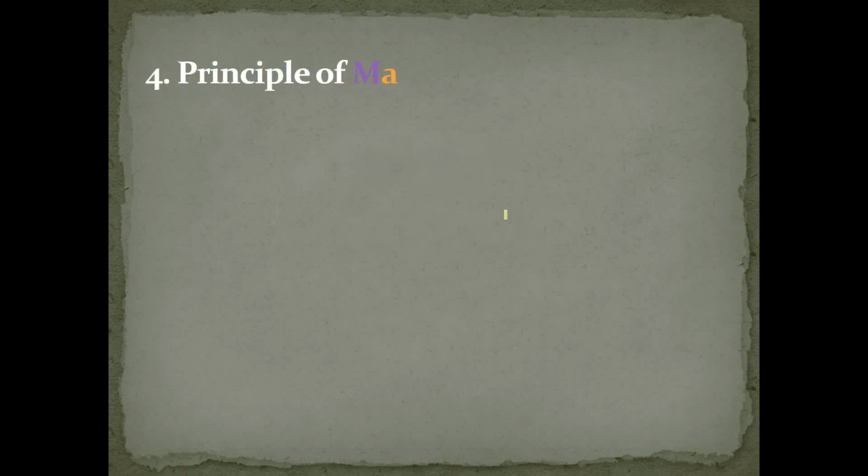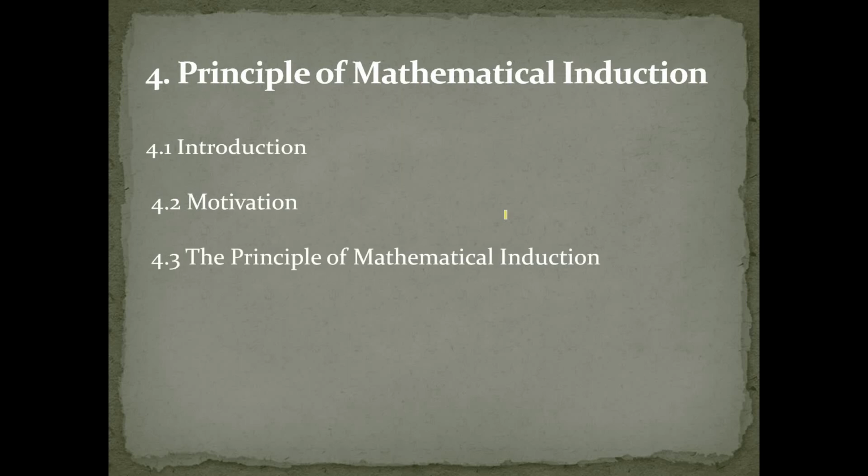Here the 4th chapter that comes under unit 2 is principle of mathematical induction. In this you'll go through the introduction part, and then you'll study what the needs are, and the process of proof by induction.